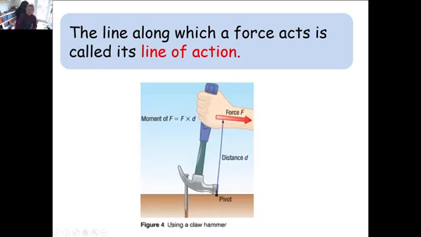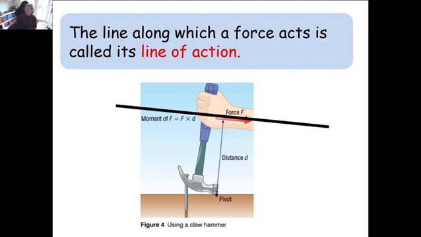Equally, if we look at another example here, we have a claw hammer pulling a nail out of a piece of wood. The person is pulling on that claw hammer, and so the force is in this direction. So the line of action of the force is this line here.